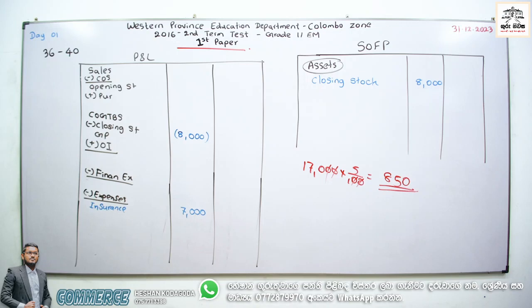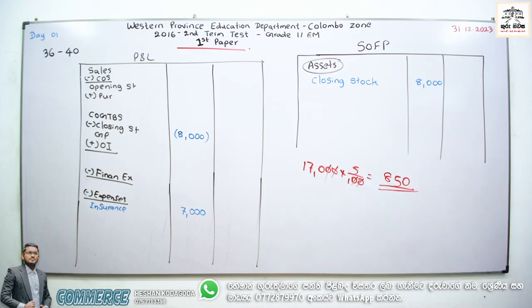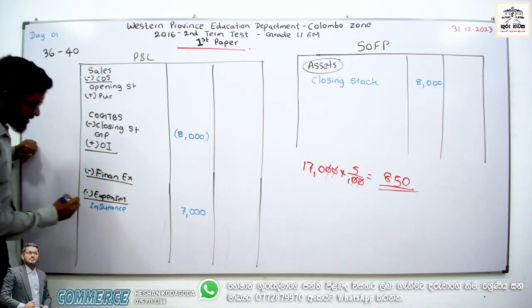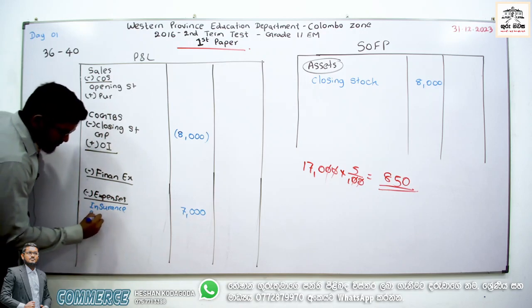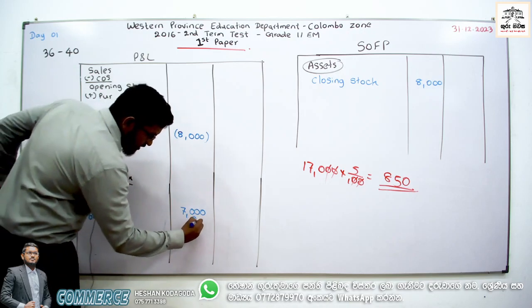Right. We already calculated this 5%. Now in here there is a percentage. This 5% should be deducted from debtors. So in here, bad debts how much? Rupees 850. Write it under expenses. Bad debt rupees 850.